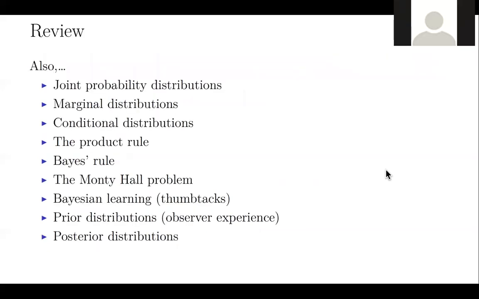We also reviewed joint probability distributions, marginal distributions, which are integrations over joint probability distributions, conditional distributions, which are expansions of joint probability distributions, or at least one of the components in it.